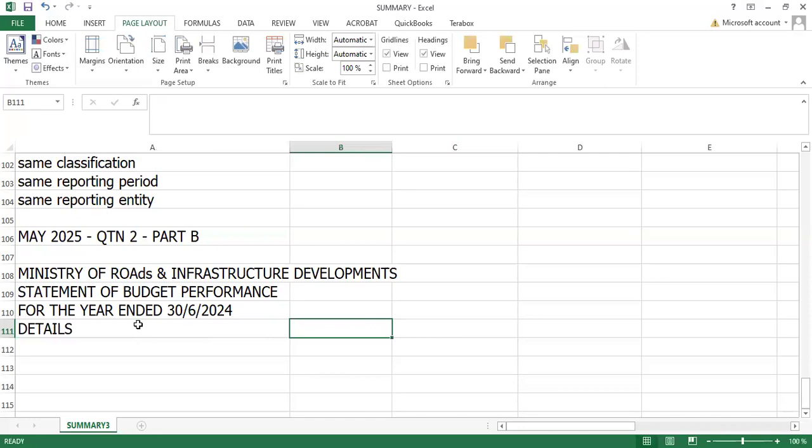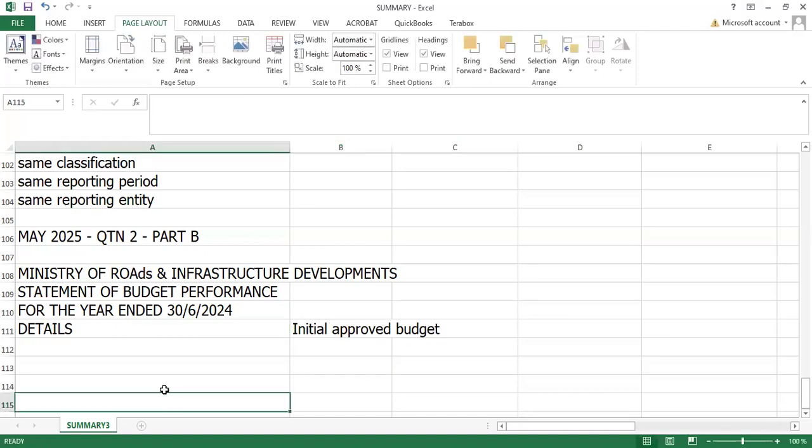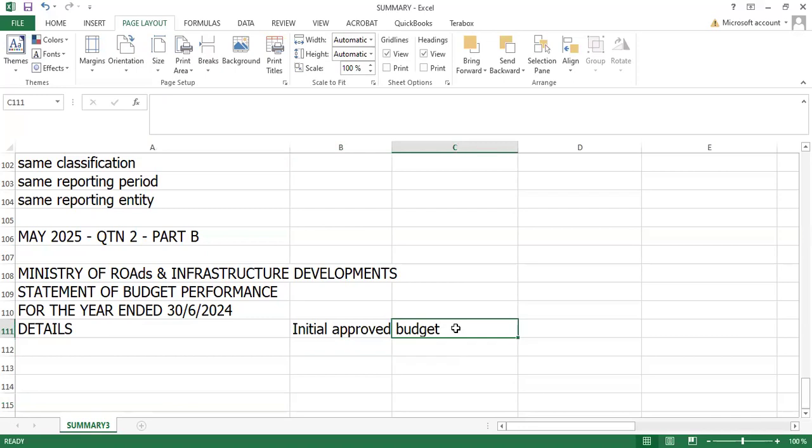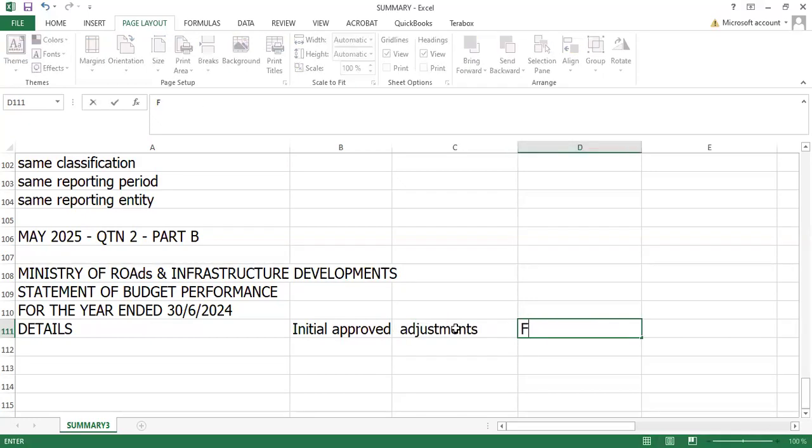I have my initial approved budget. Then I have my adjustments or the supplementary amounts, or you will see the word supplementary budget. But let's use the word adjustments. Then you have the final budget.